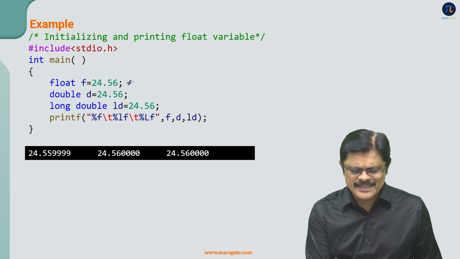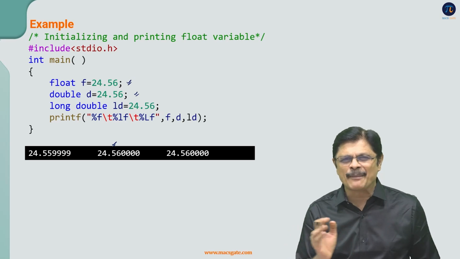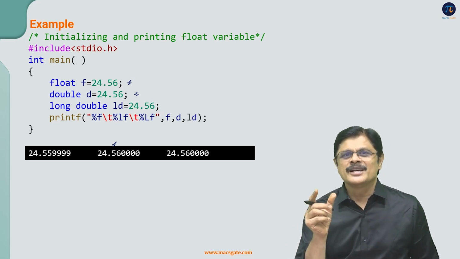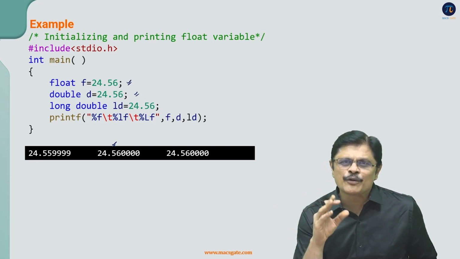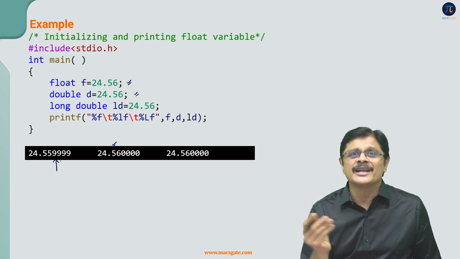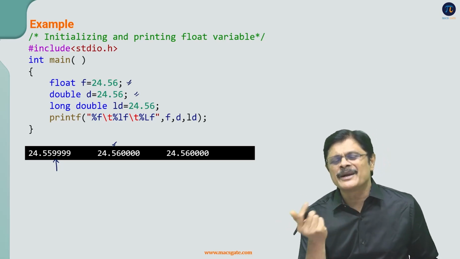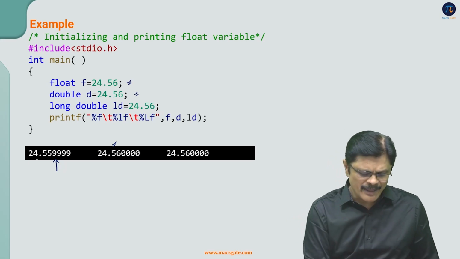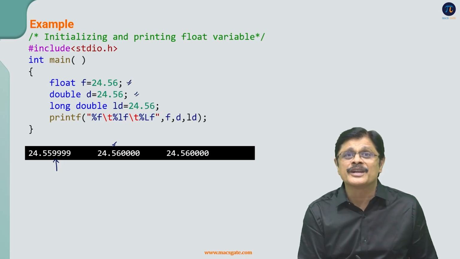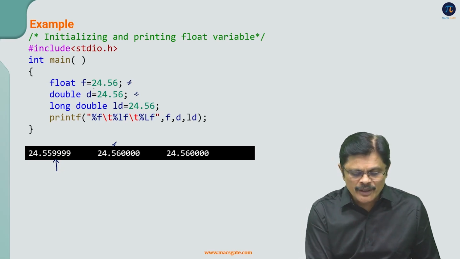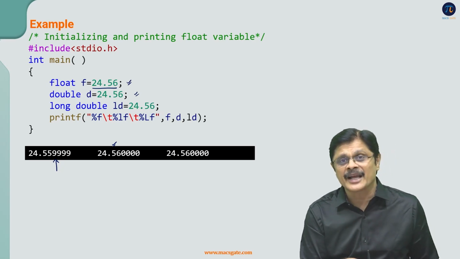I just took a simple example. What is printed varies from compiler to compiler. That's why I am not executing and showing it, because float constants are by default double type, so they are converted to float type. How it is stored in that particular memory location depends on the value. Some compilers may give you 24.56 exactly for float, whereas some may give a different answer like 24.55999.